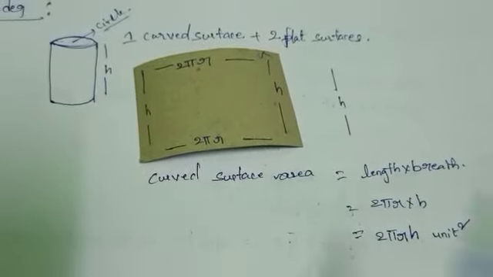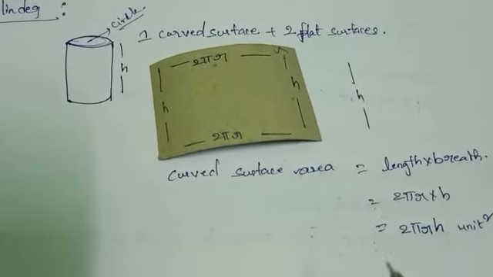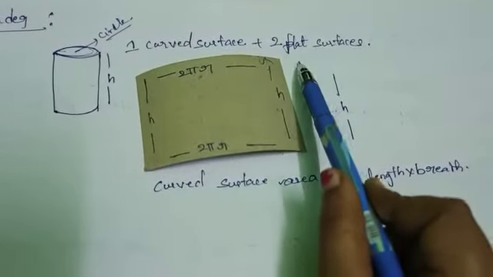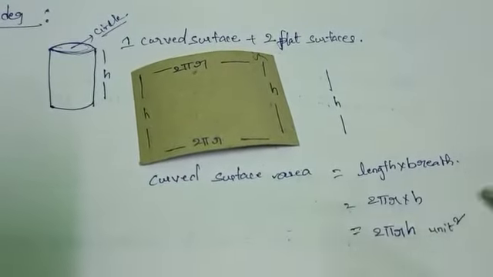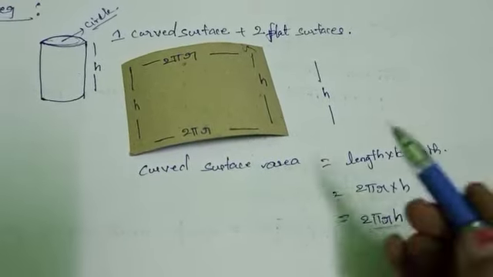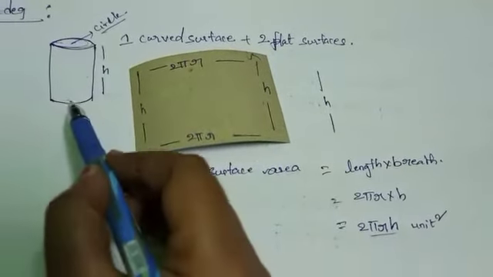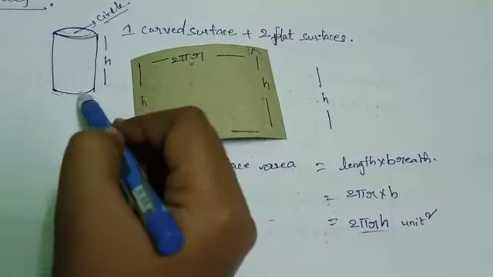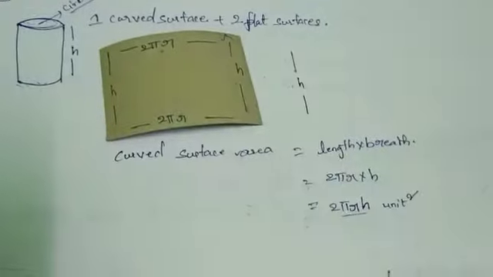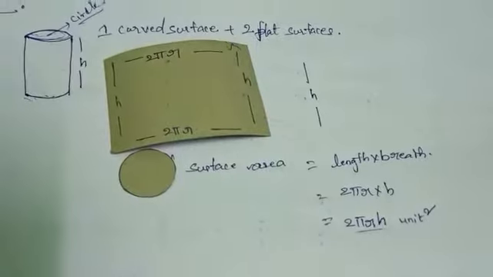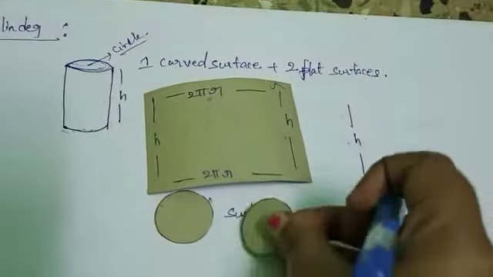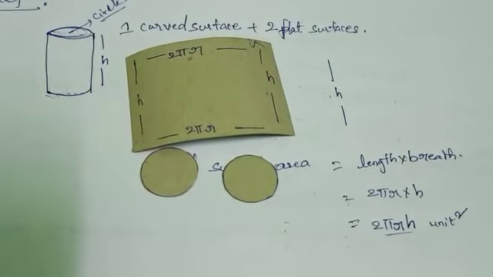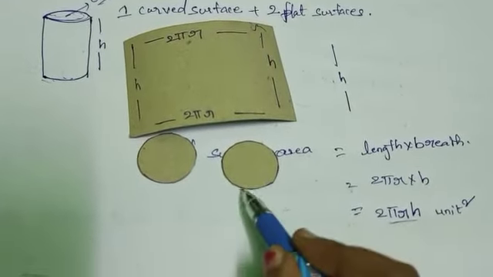What is the total surface area of cylinder? Curved surface area plus 2 flat surfaces area. Curved surface area we know, and flat surface areas are top and bottom. Top and bottom are circle in shape. So what is the area of circle?